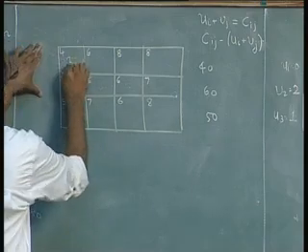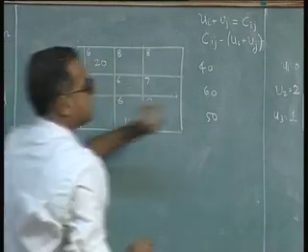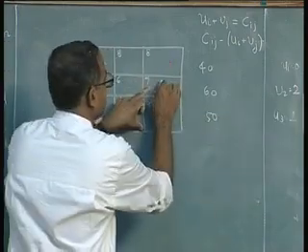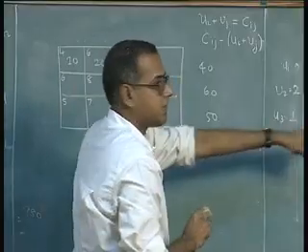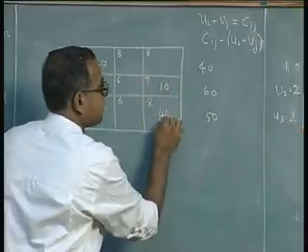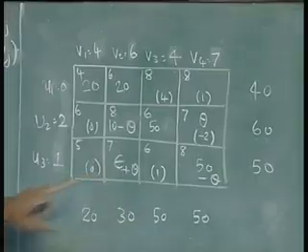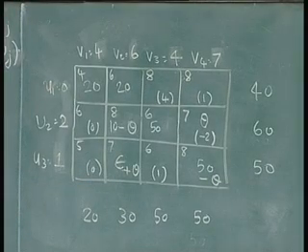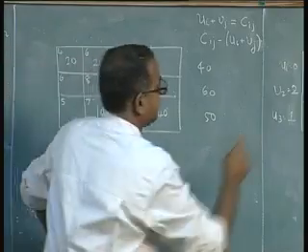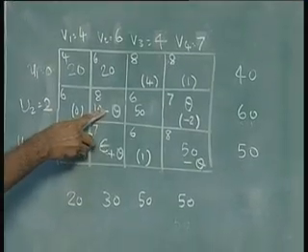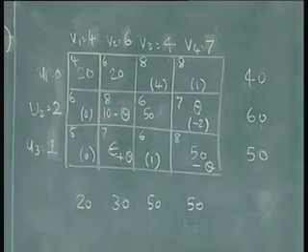Now the 20 and 20 remain as they are. Now theta is 10, so this becomes 10, 50 minus theta will become 40, epsilon plus theta, epsilon was 0, so 0 plus 10, 10, 10 minus theta will become 0 and we have another 50 here.